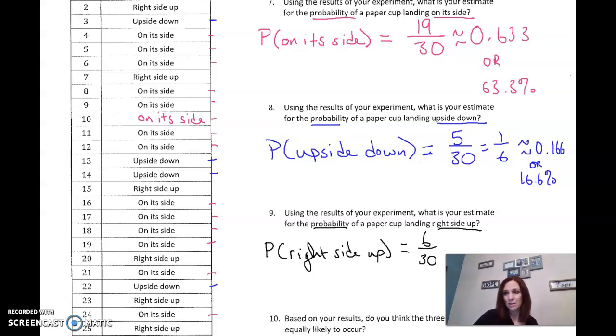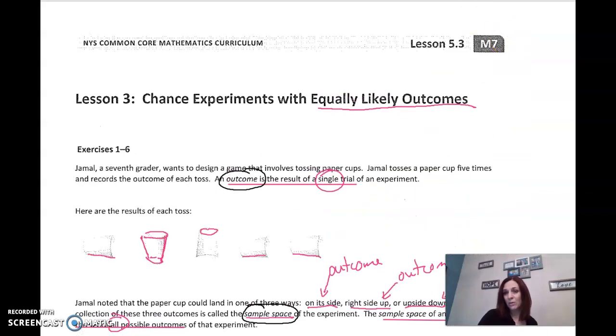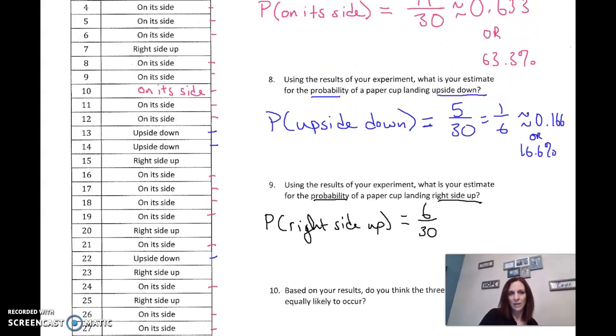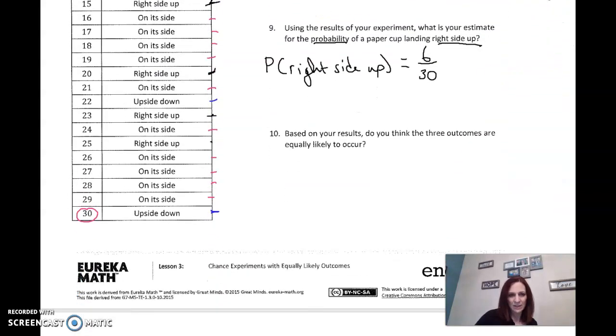Now, if you want, you could count them still, just to be sure, which I tend to do. 1, 2, 3, 4, 5, 6, which we said.